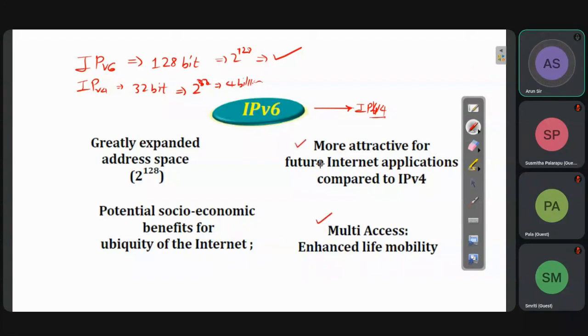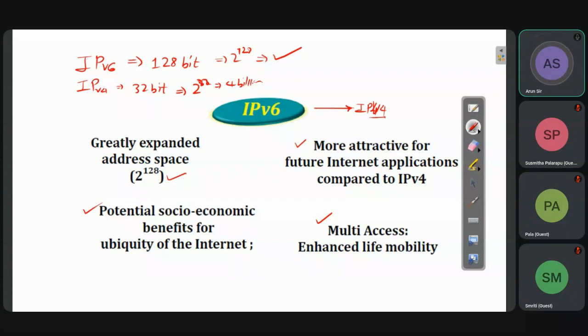It is more attractive because the number of fields is more, so you can add more options and more settings. Controls are more, and the address space is very huge, many fold of even the world's population. Even considering one person using 10 devices, you can still get that many unique IPs. Then potential socio-economic benefits are available because the internet is evolving.